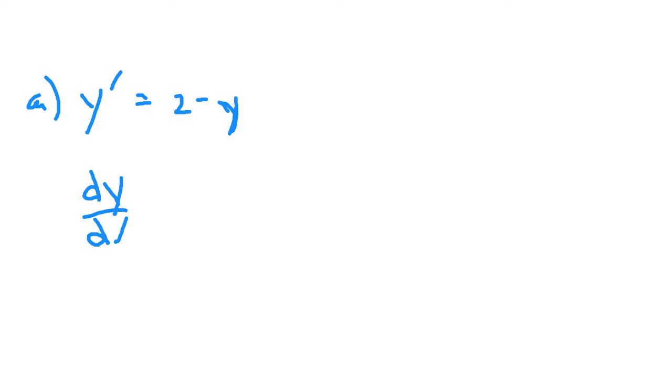Okay, so y prime equals 2 minus y. So that means dy dx equals 2 minus y. In this case, x is the independent variable and y is the dependent variable.